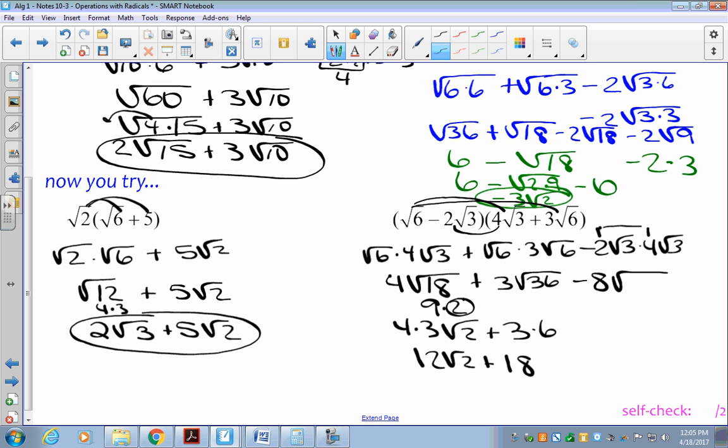And then we're going to put those root 3's together. So what's 3 times 3? 9. Is 9 a perfect square? Yes. What is square root of 9? 3. And what is 8 times 3?